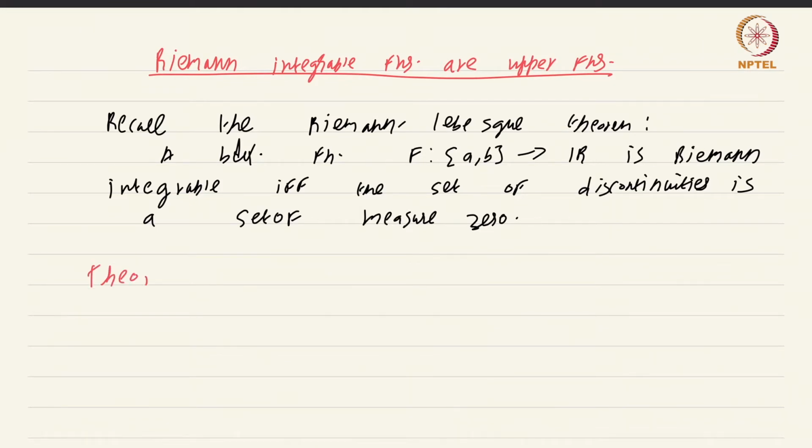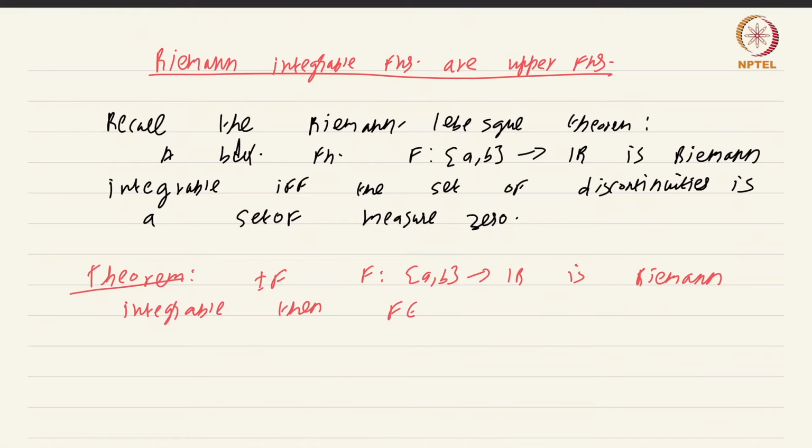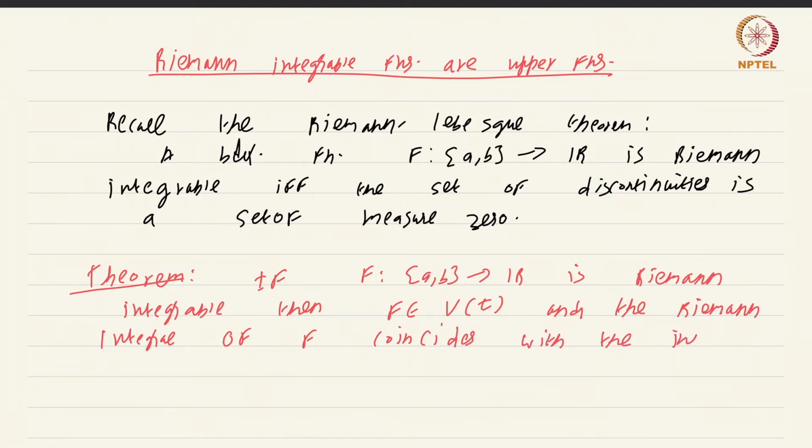This is a necessary and sufficient condition for Riemann integrability. The theorem we are going to show now is the following. If f from AB to R is Riemann integrable, then f is an upper function and the Riemann integral of f coincides with the integral we have defined for upper functions.